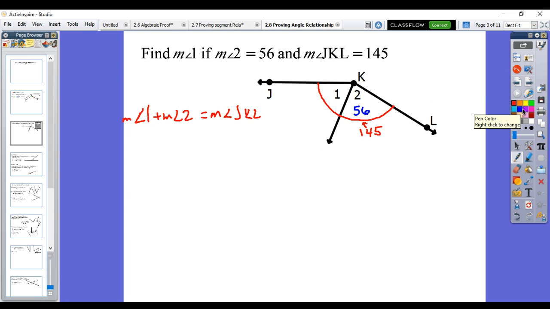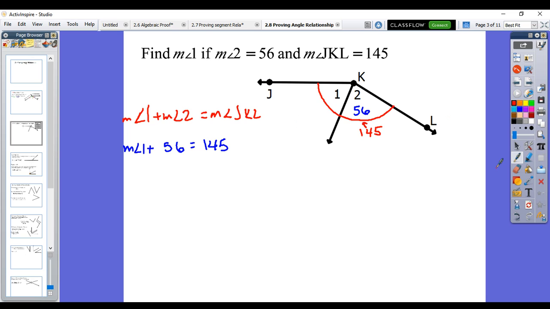So let's go ahead and substitute information we do know. We don't know angle 1, so we'll leave that as the measurement of angle 1. We do know that the measurement of angle 2 is 56, and that equals the whole thing, 145. So using good old algebra, what are we going to do, class?